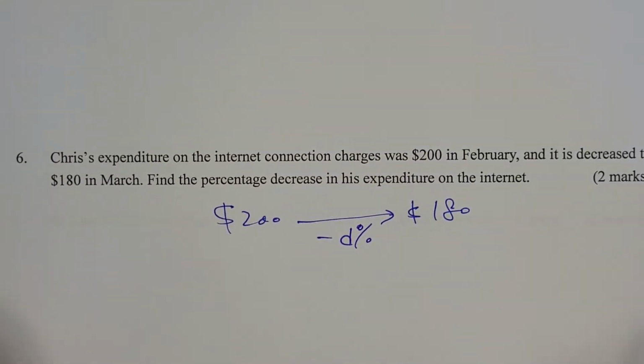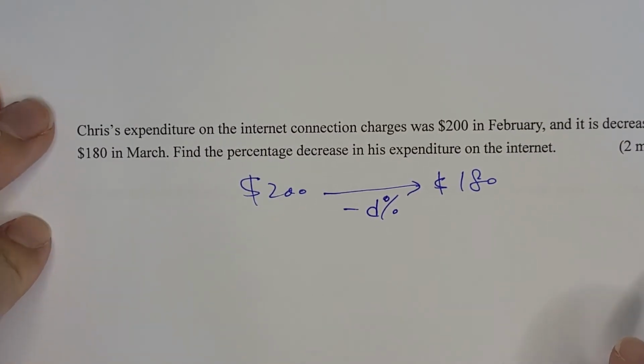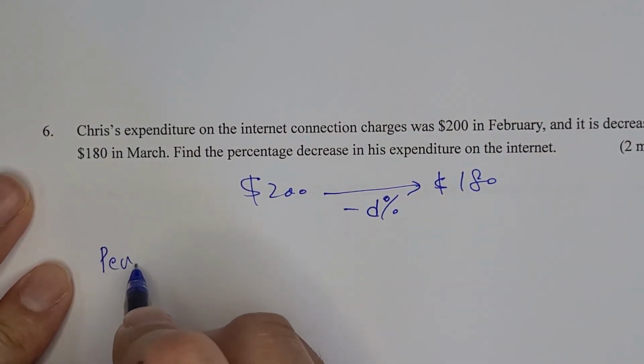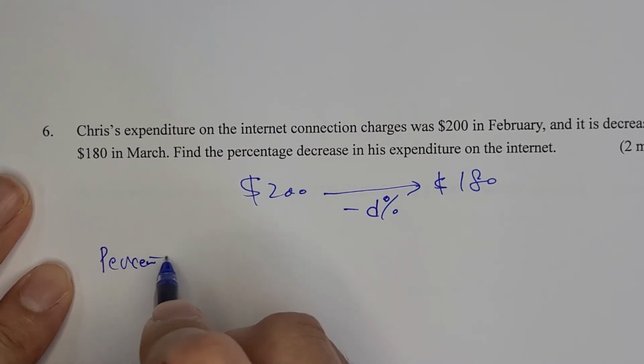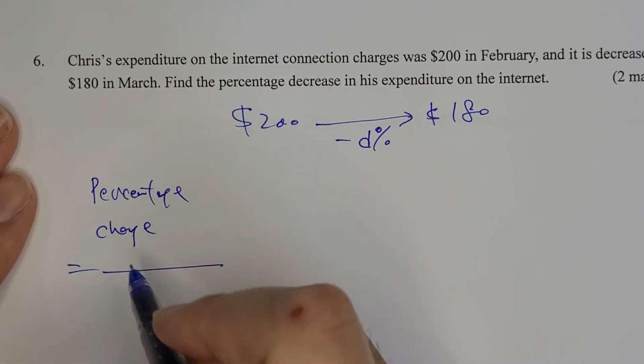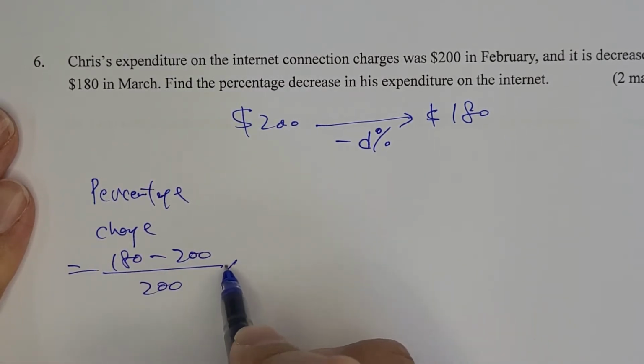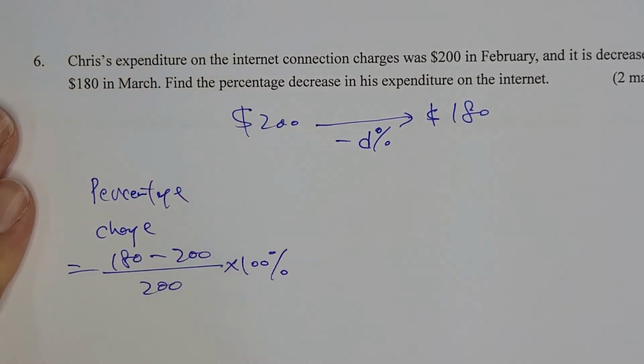So you can do it in two ways. The first way is the original method, the percentage change formula: the new value 180 minus original value, divided by original value, times 100%.